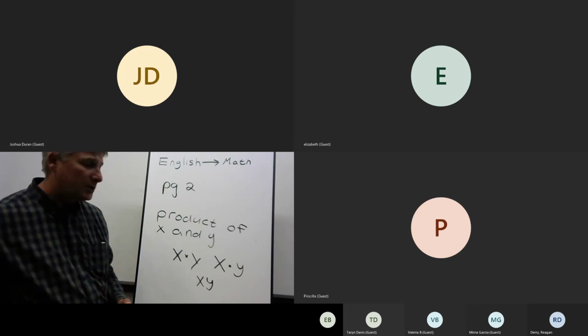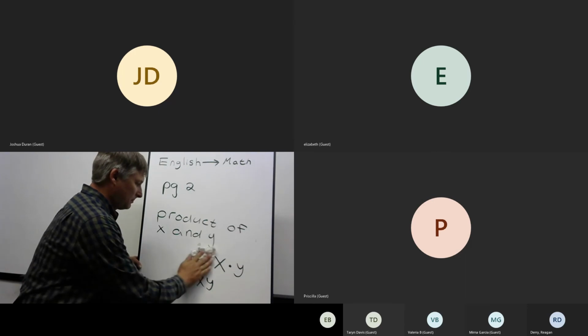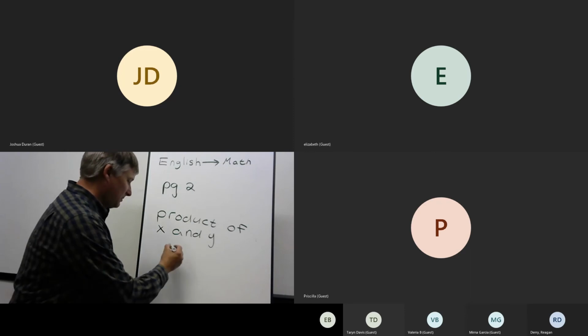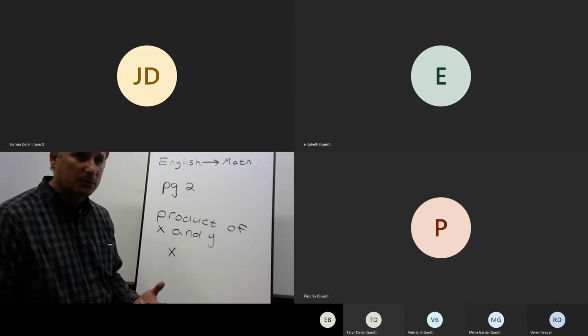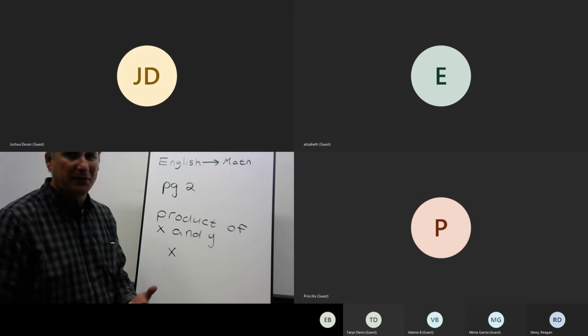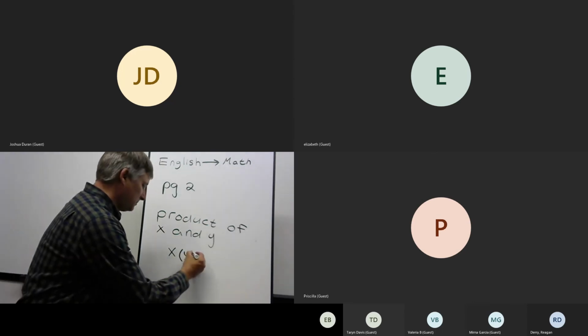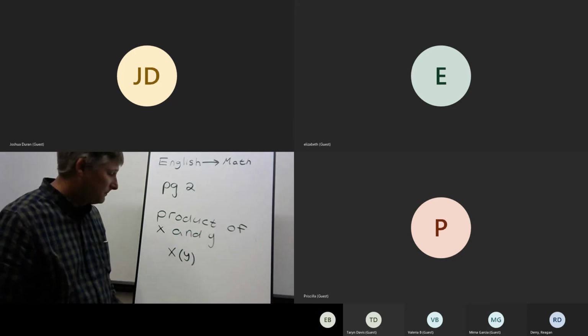Another way we'll write multiplication: we can put one of the variables or a number in parentheses. That also means x times y.